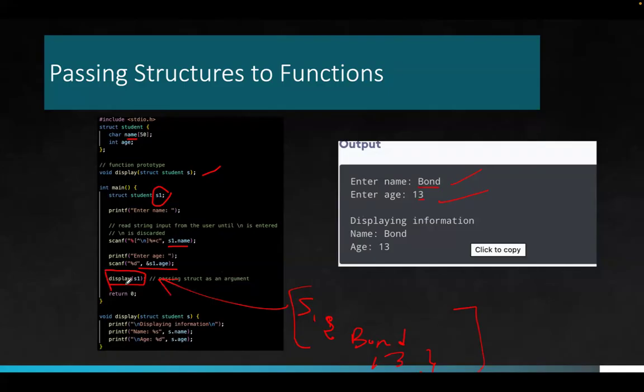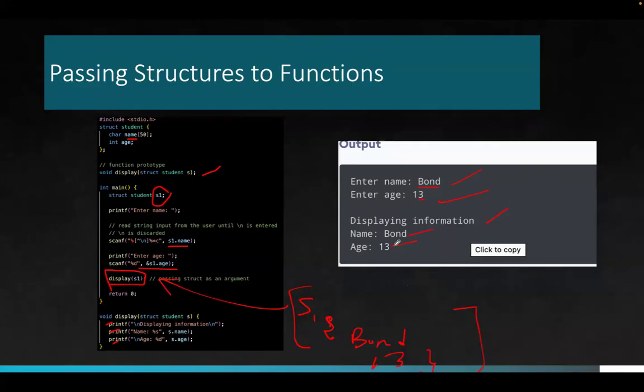What will happen now? The compiler will do the function call. The function definition is defined over here. It jumps from this line to this line and passes the s1 structure to it. Once it is passed, it just prints the passed structure argument by displaying the information: name is Bond, age is 13.